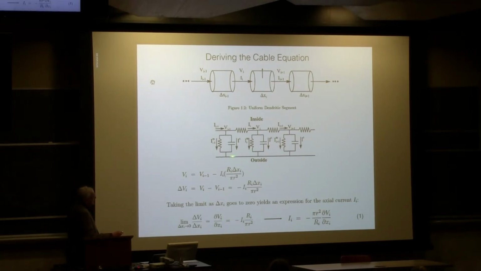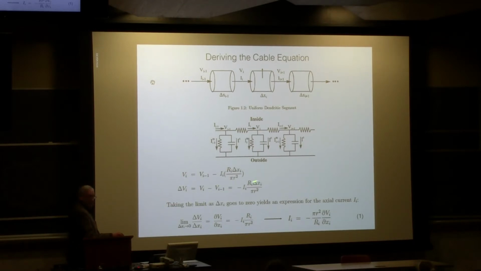So we're assuming that there can be current flowing into the outside world, but potential is the same everywhere. And so there are no resistors here like there are in the inside world.